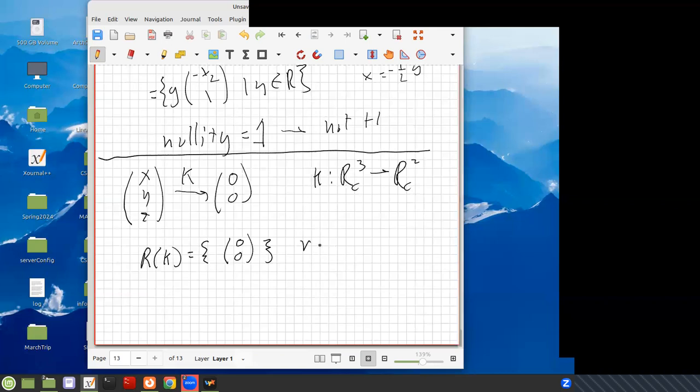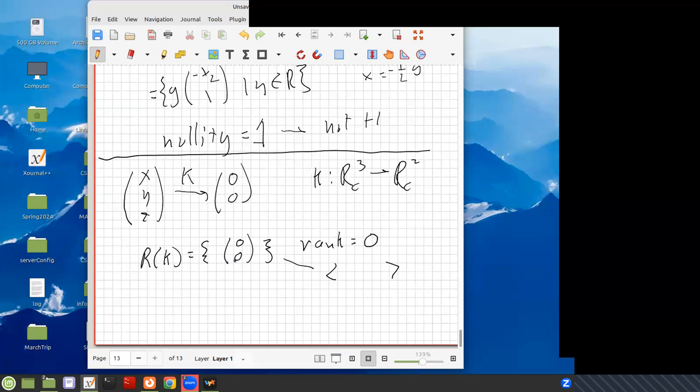So what is the rank? That I'm confused about. Would it be 0 or would it be 1? The rank is 0 because this is not a basis. The important thing is this is the 0 space. You can't put the 0 vector in here because the 0 vector is linearly dependent.